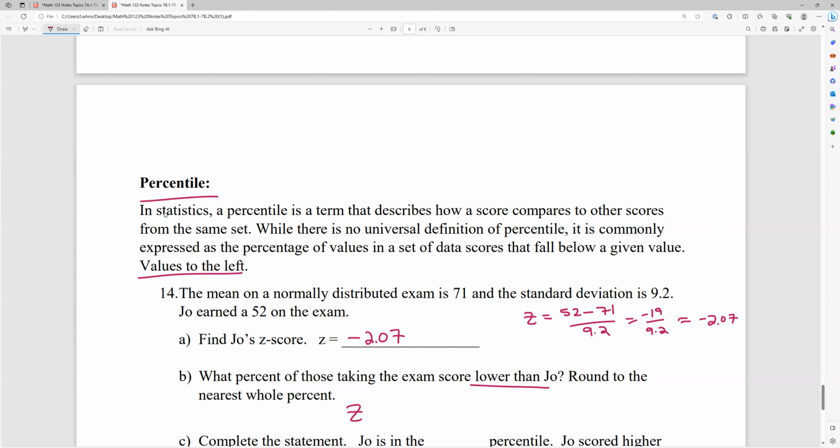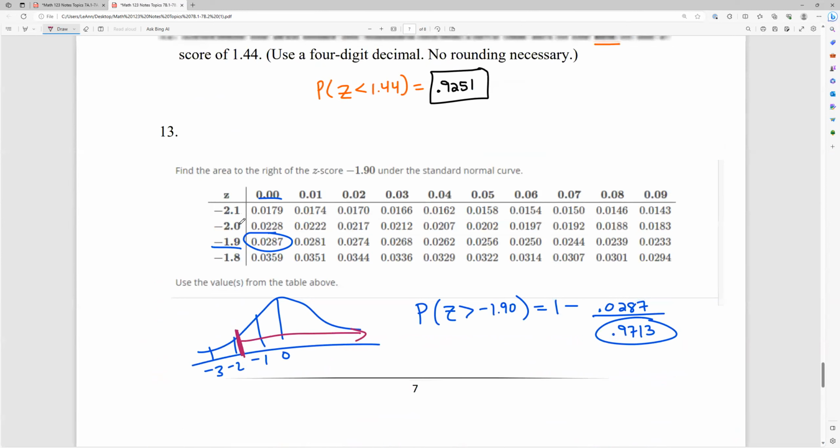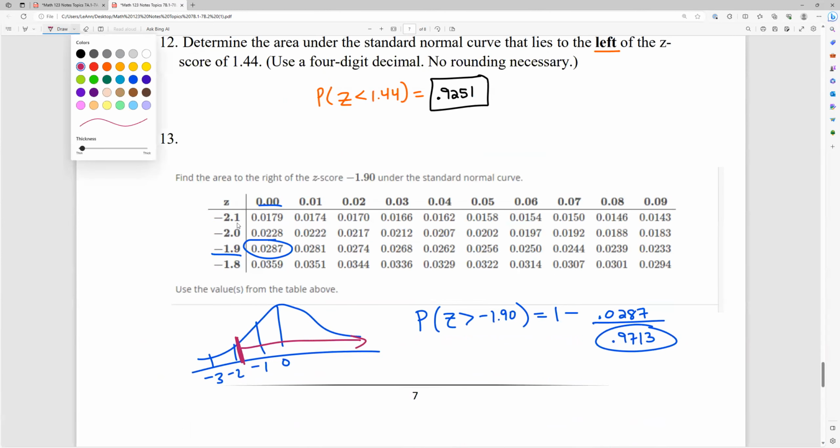What percent of those taking the exam scored lower than Joe? So we're wanting to know the probability that someone scored lower than Joe. So to the left of her z-score. So we need our table, and I believe I could use this one. I left it on here because we needed it for this one. So negative 2.0 and then 0.07. So negative 2.07.